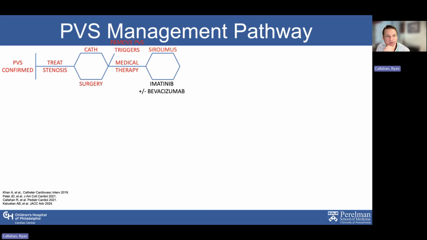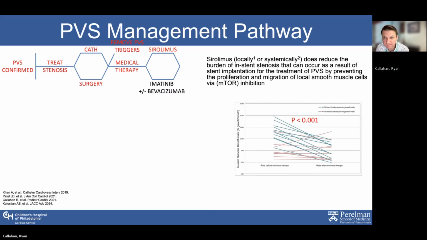Okay, the other drug, which is probably more commonly used across the country, is sirolimus. Adults have data and pediatrics have data, which shows that when used in combination with stents, it can mitigate in-stent restenosis. There are different types of stents which we use in this disease.